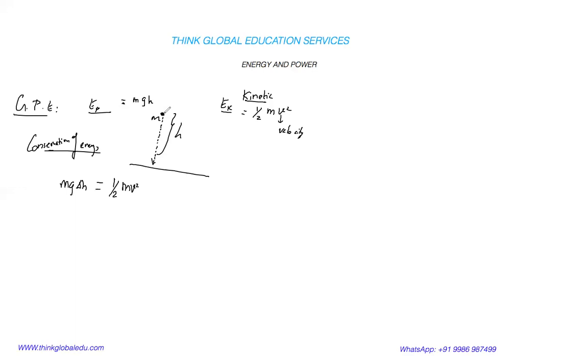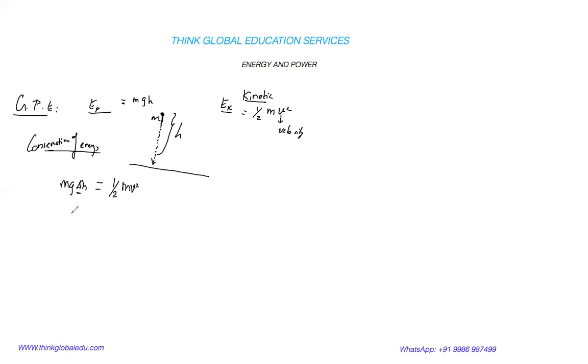That is the largest potential energy, and as soon as it goes down, the potential energy decreases and the kinetic energy starts to increase. So at this point, the potential energy is maximum, kinetic energy is 0 or minimum. Now, when the object starts to go, the kinetic energy increases and the potential energy starts to drop. So as the height decreases, potential energy also decreases. So that's the reason why we are writing delta h, change in height.